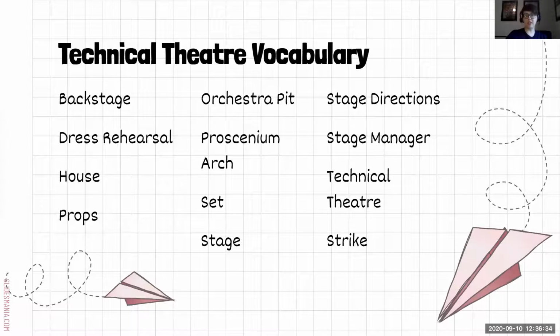That's all of the design elements, okay? So we usually think about acting and directing, but technical theater is the side of it that's about lights and set and costumes and props. All of that fun stuff.